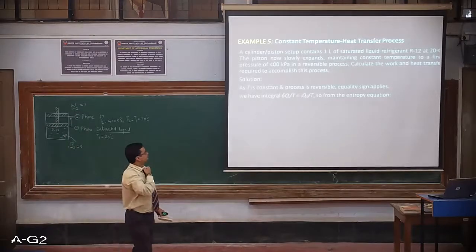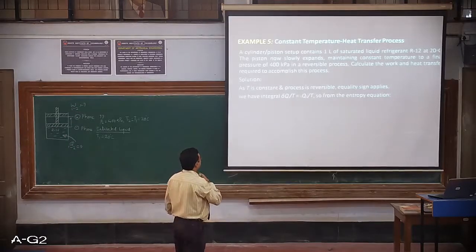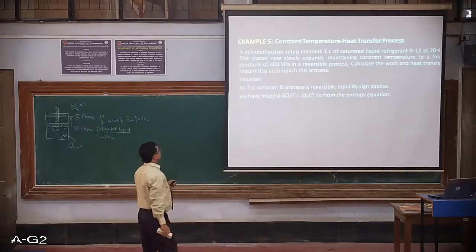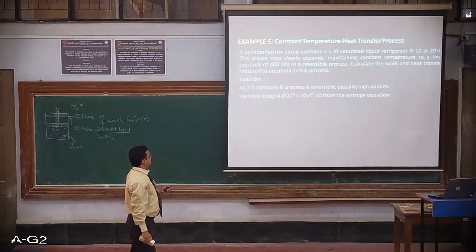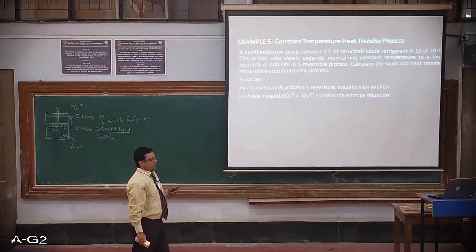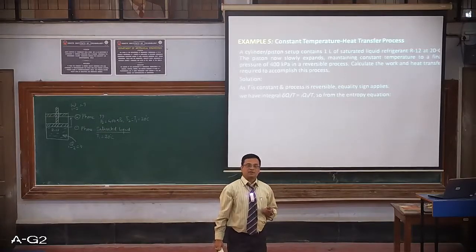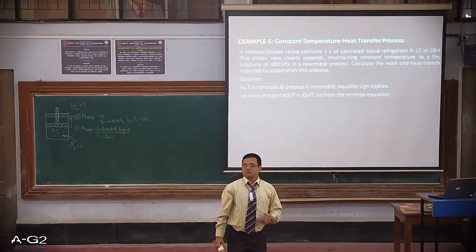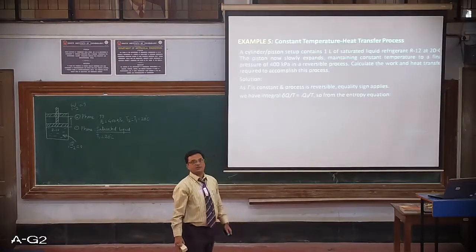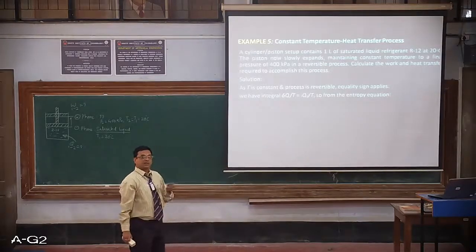Okay. So let's begin with the analysis. Here, as T is constant and the process is reversible, of the signs we have already decided for the change in entropy, the equality sign is to be used. Delta Q by T is less than or equal to 0, so in that, the equality sign.